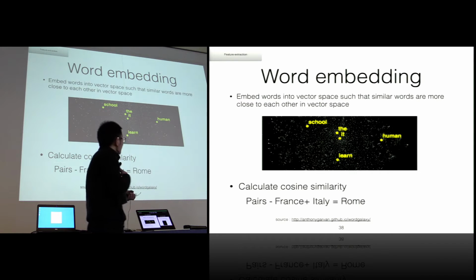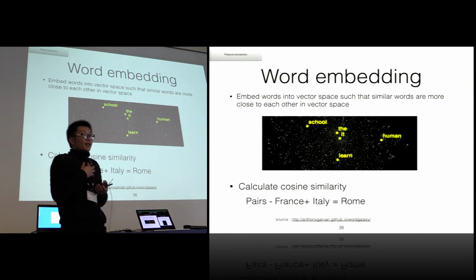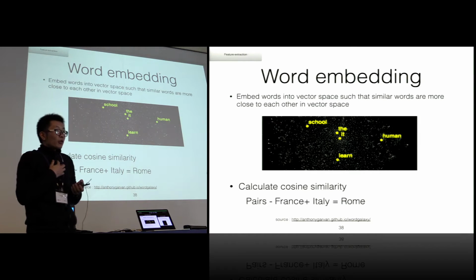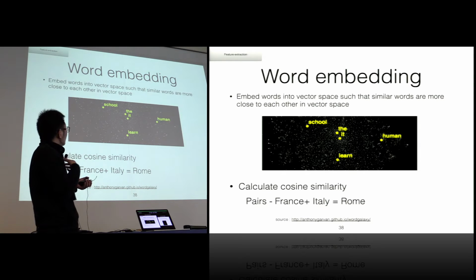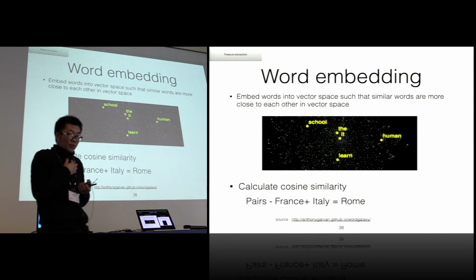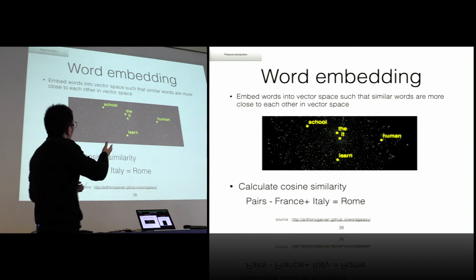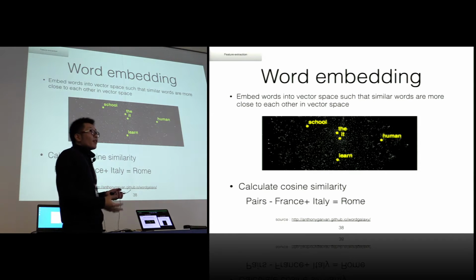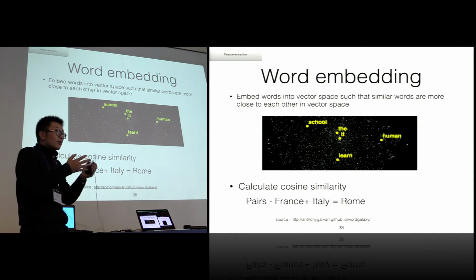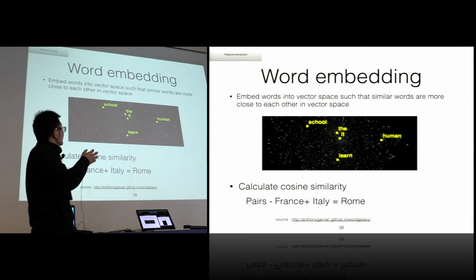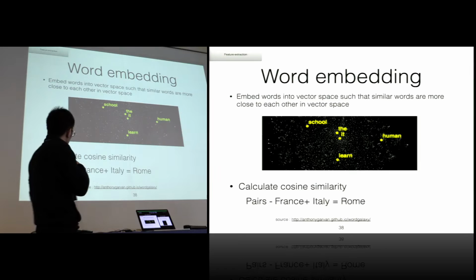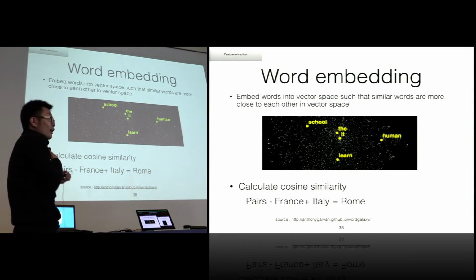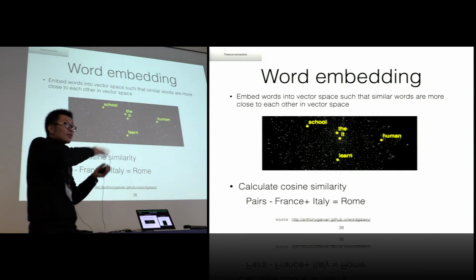Also, in natural language processing, for a long time we have wanted to turn natural language into numbers. One way to do that is to map words into vectors. In the vector space, ideally similar words have similar Euclidean distances, and you can calculate the cosine similarity between the vectors.